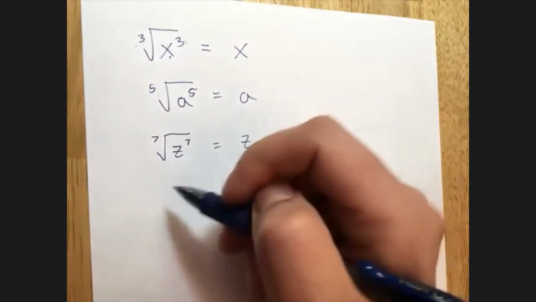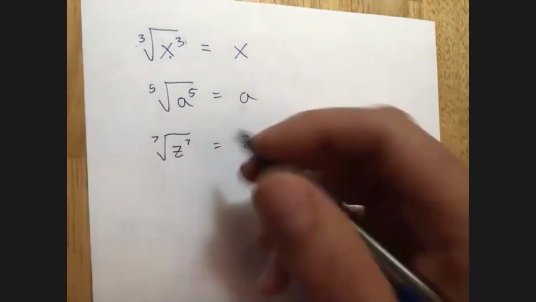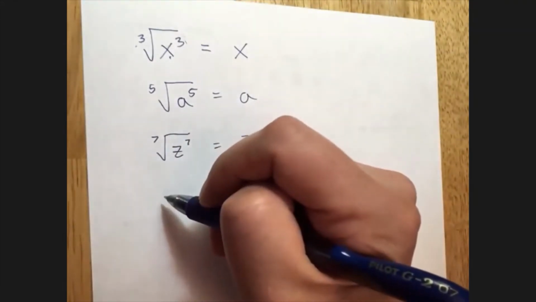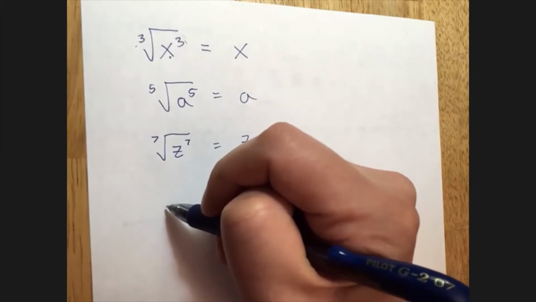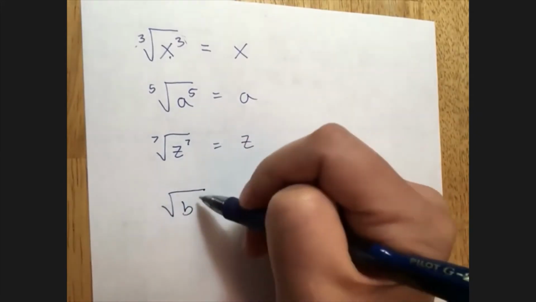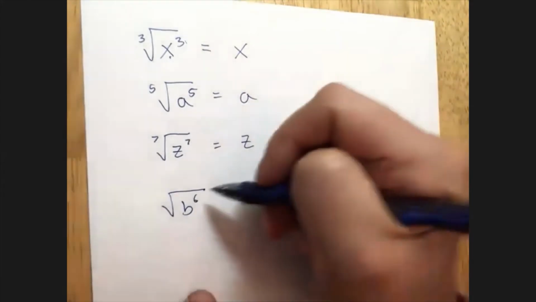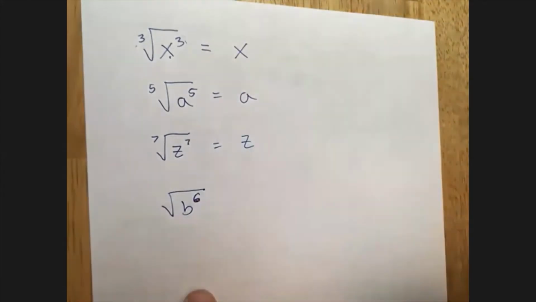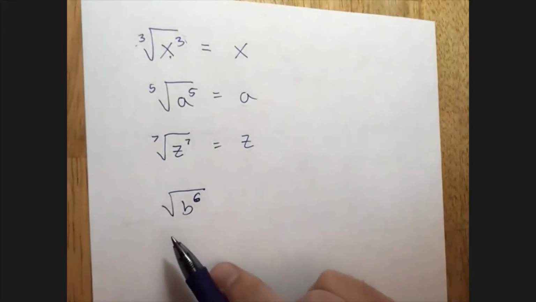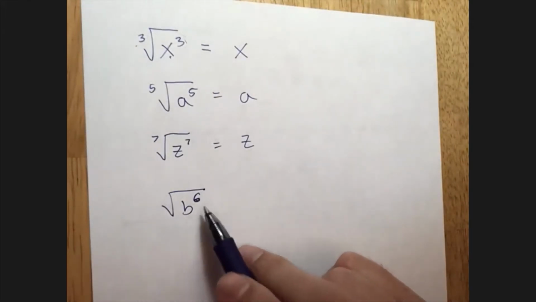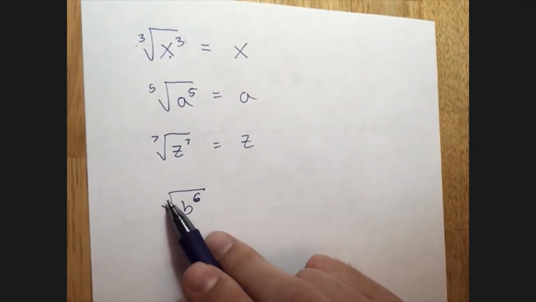What if those numbers aren't exactly the same? What if I do the square root of b to the 6th? That's a 6 up there. Well, we can still do this because, remember, when I don't write a number here, it's implied that it's a 2.